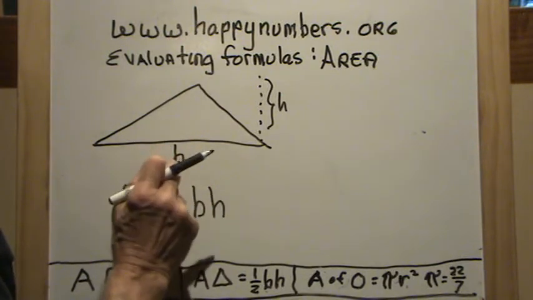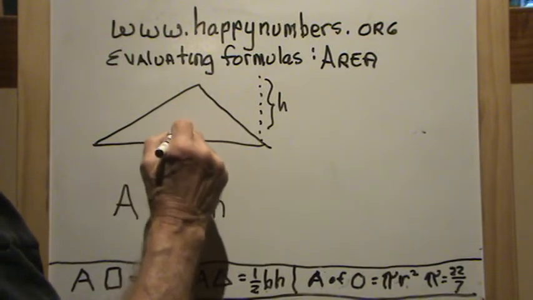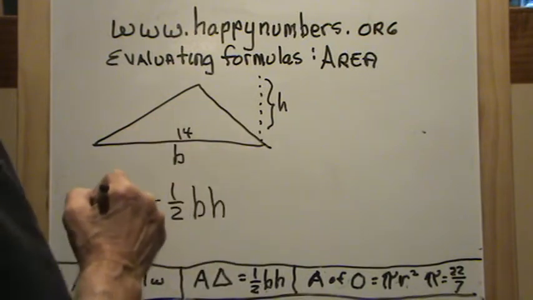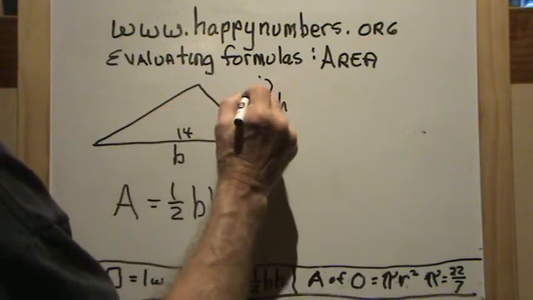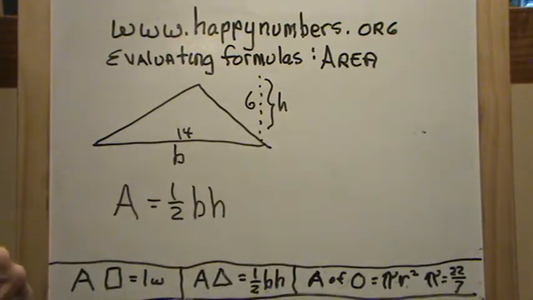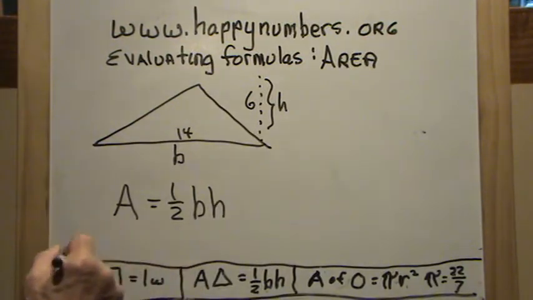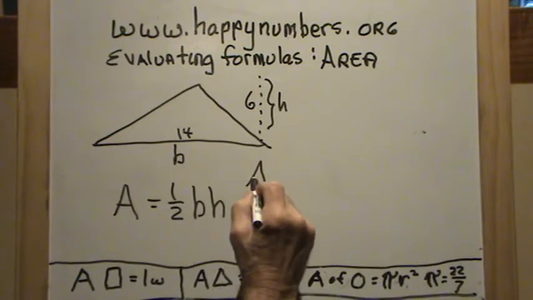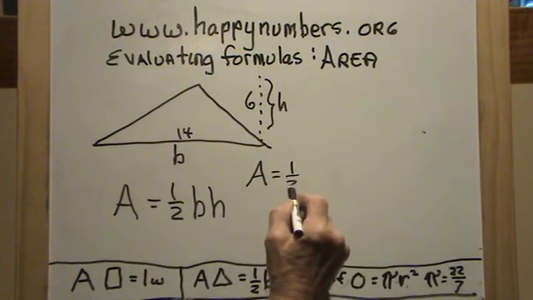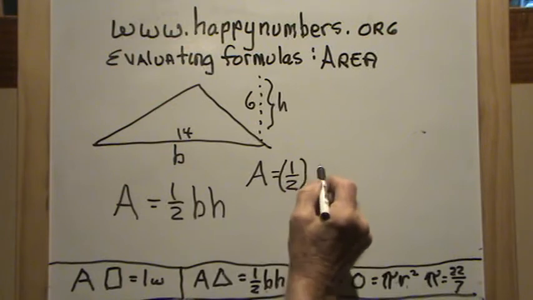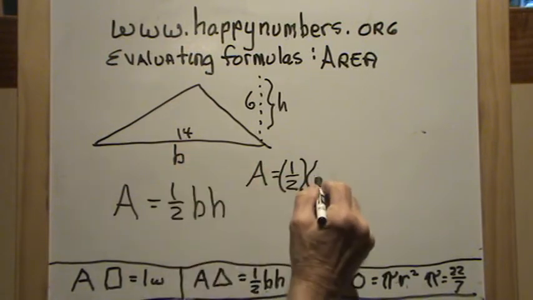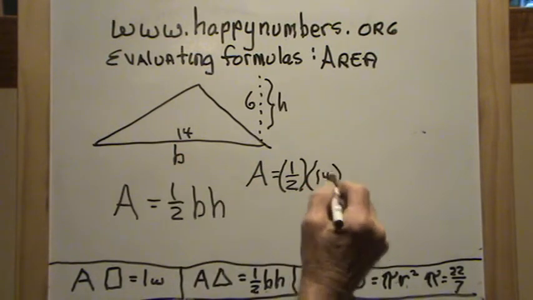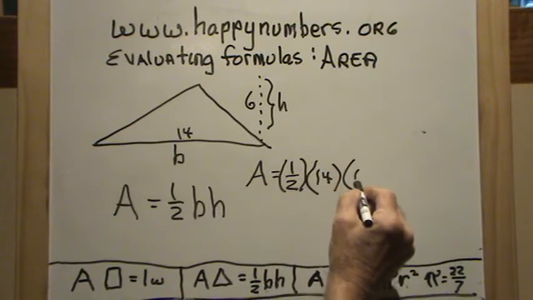Let's say here that the base of this triangle is 14 and that the height is 6. Okay? Then we simply substitute in our formula. The area is equal to 1/2 times the base, which is 14, times the height, which is 6.